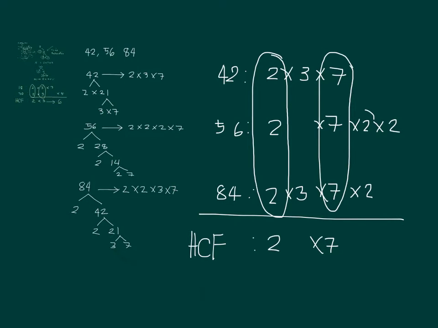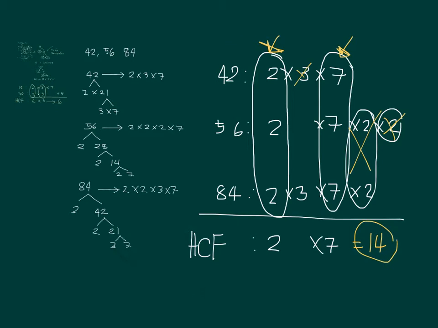I can't use the second 2 and also the last 2. Okay, so basically we only have 2 and 7 common. So these are the only common factors for 42, 56, and 84. So don't consider this, this, and this. So the HCF is the product of 2 and 7, which is equal to 14. So 14 is the highest common factor of 42, 56, and 84.